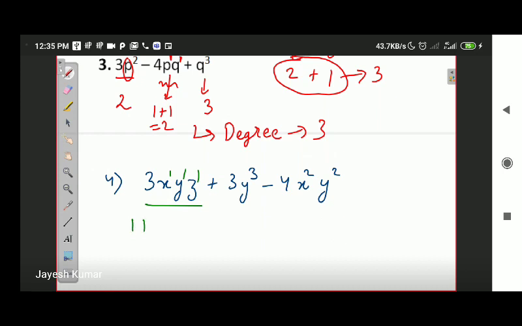So 1 plus 1 plus 1, that is 3. For the second term, you have y^3, so its power is 3. For the third term, you have x^2, so power is 2, y^2, power is 2, net power is 4. So the degree of this expression will be 4.